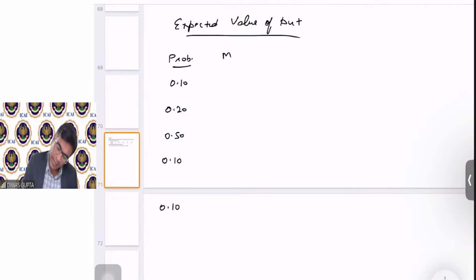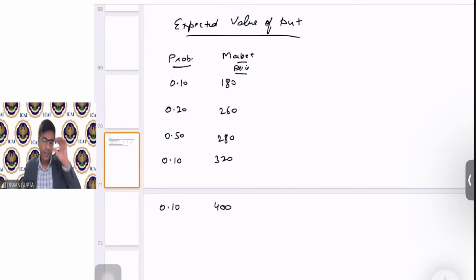Then the market price, students, was how much? 180, 260, 280, 320, and 400, students.